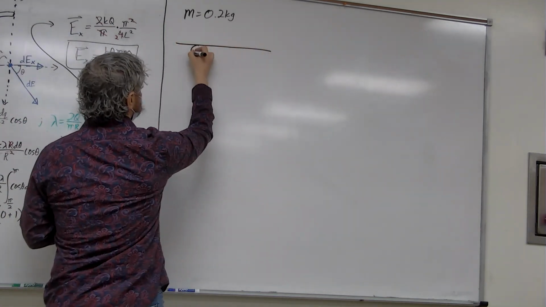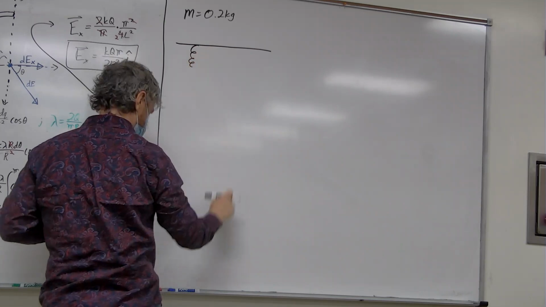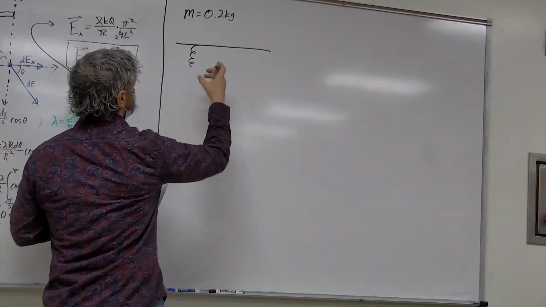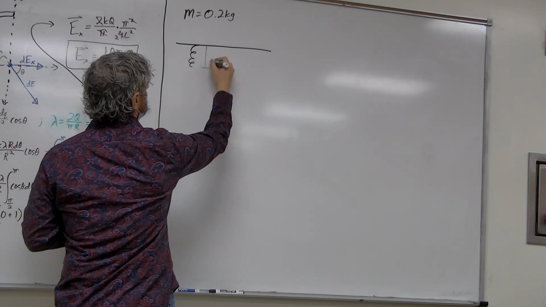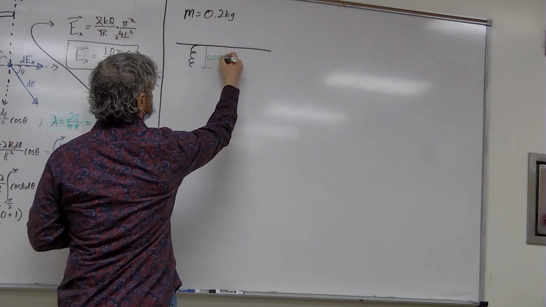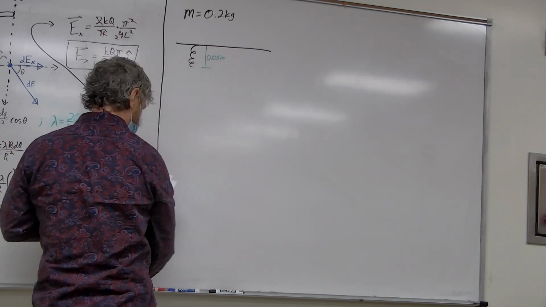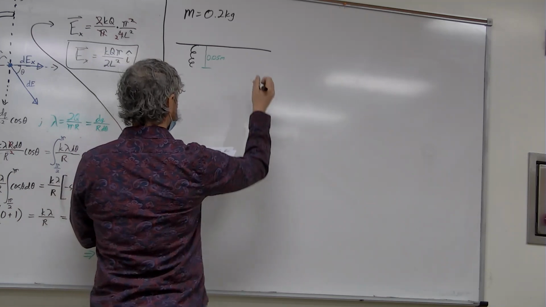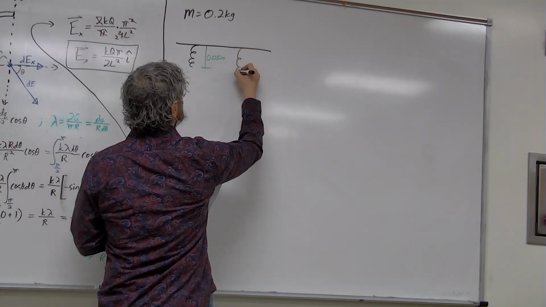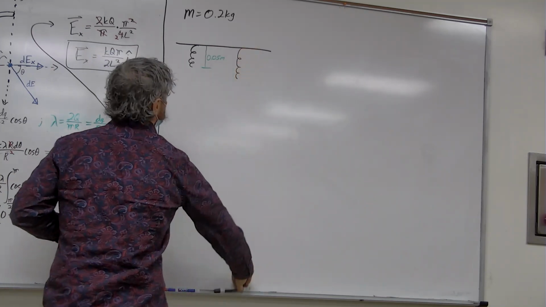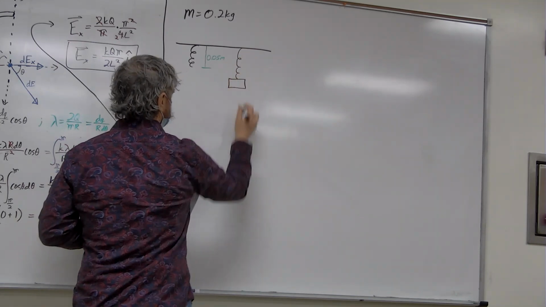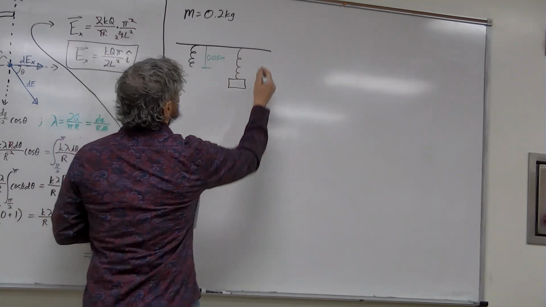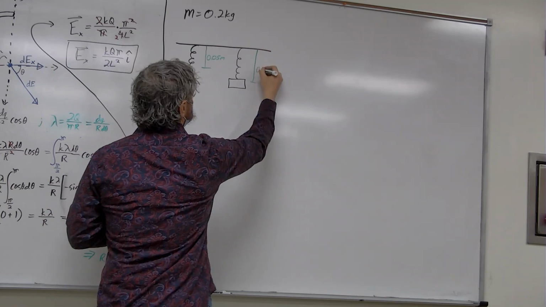So originally, the spring is at 0.05 meters. So that would be this distance here, 0.05 meters. It stretches it from the original length of that to 0.06 meters. And so that's with the mass attached to it. So this would then be 0.06 meters.